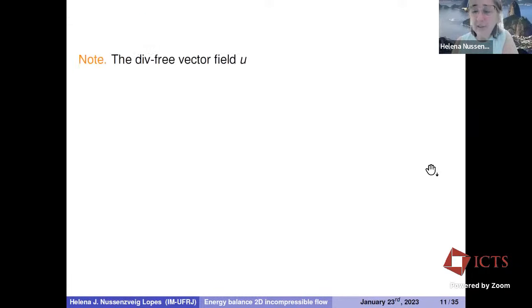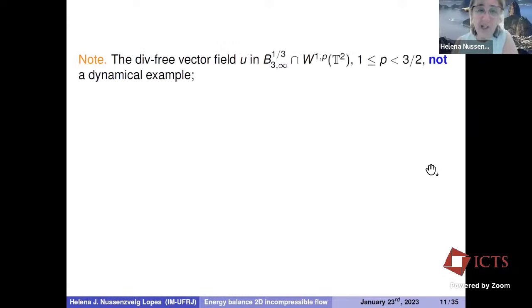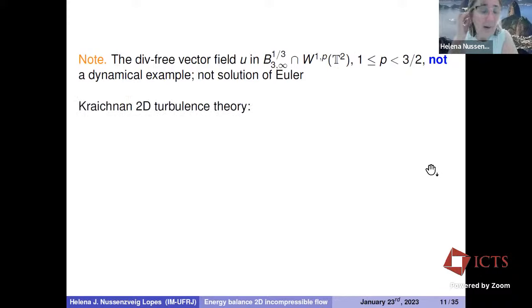Note, this divergence-free vector field that we build, it's not a dynamical example. It's an illustration that the method that we're using hit a wall. Okay, so it's not a solution of the Euler equations. However, if we look at Kraichnan's 2D turbulence theory, we see that it postulates a forward enstrophy cascade in 2D.